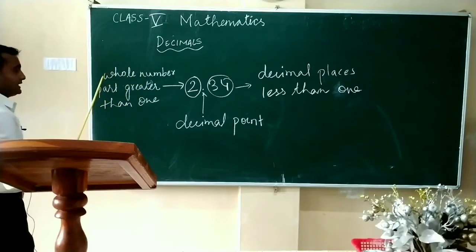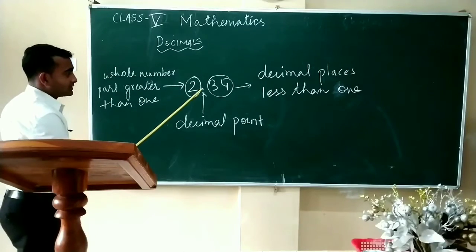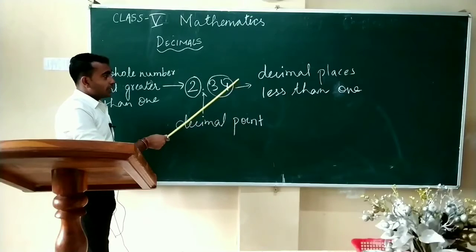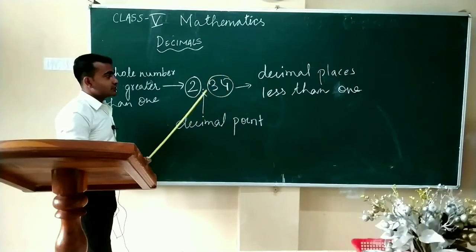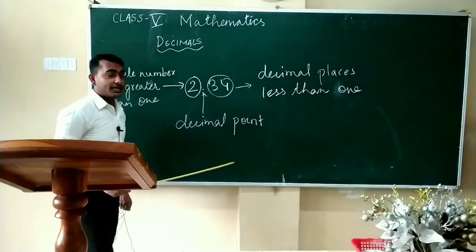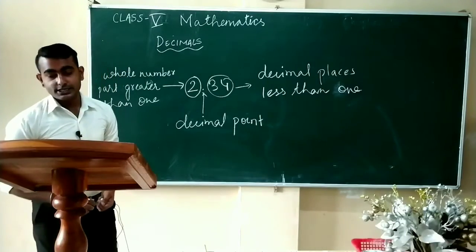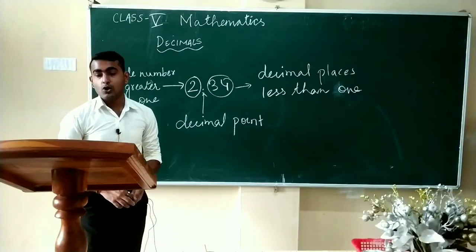Whole number part, that is greater than 1. And this point is said to be what? Decimal point. And after the decimal point, the number is said to be what? Decimal places, which is less than 1. In this example, you can see that there are 2 decimal places after the whole number part.